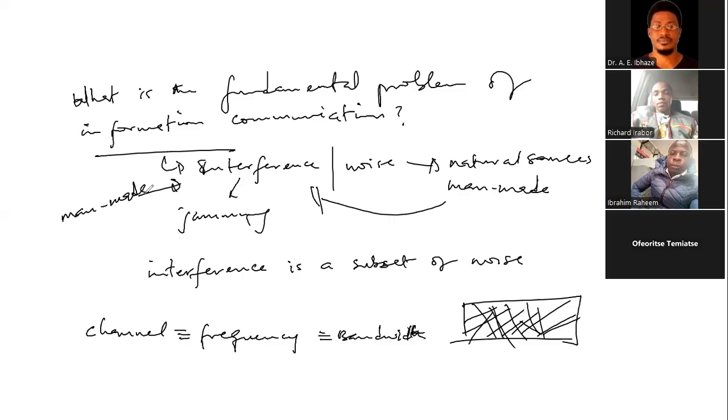Interference and the likes form a big problem when we have to deal with the communication system. But when we now have to consider the information itself, interference is a problem. Yes. Noise is a problem. But what can we say is the fundamental problem?